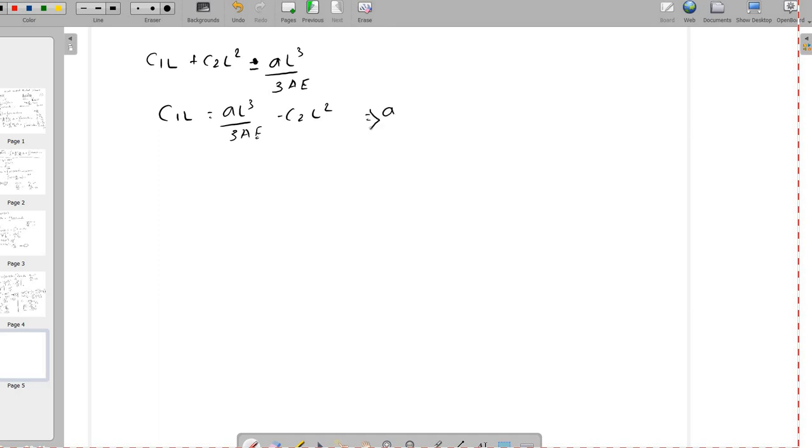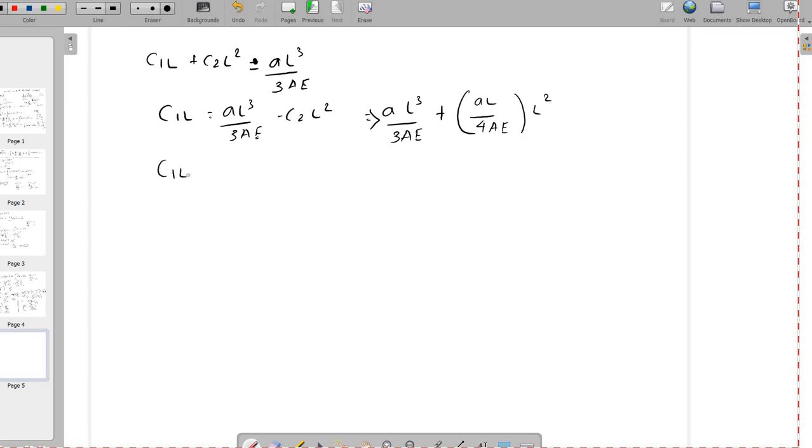C2 is already negative, so plus AL by 4AE into L square.